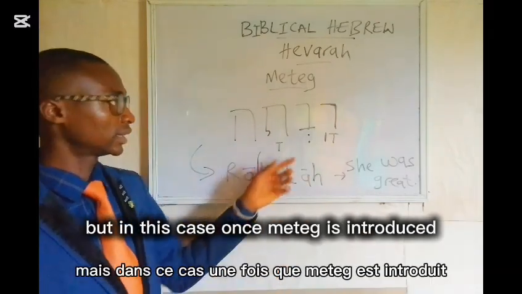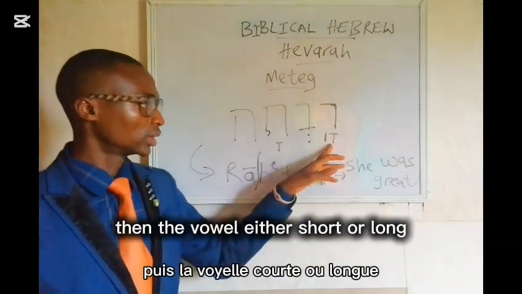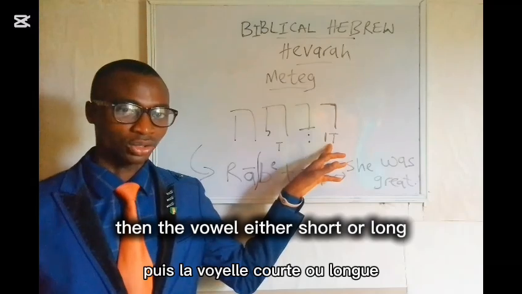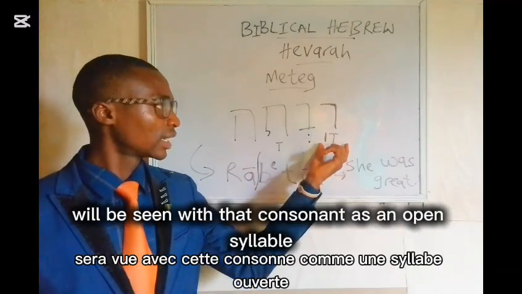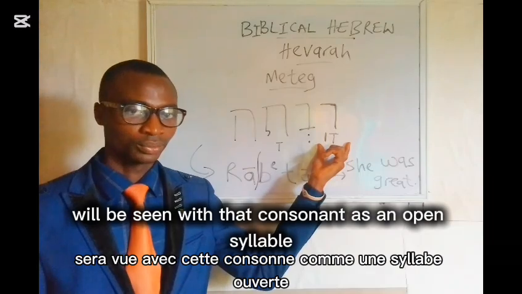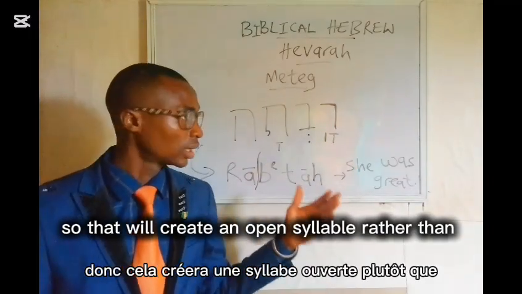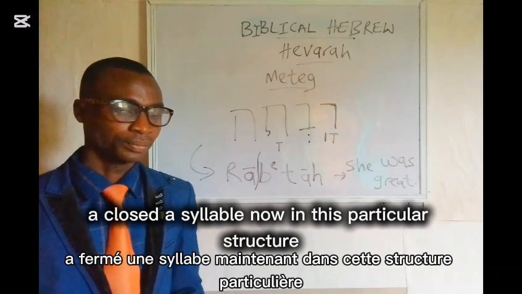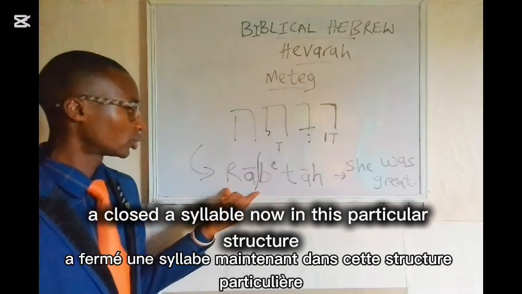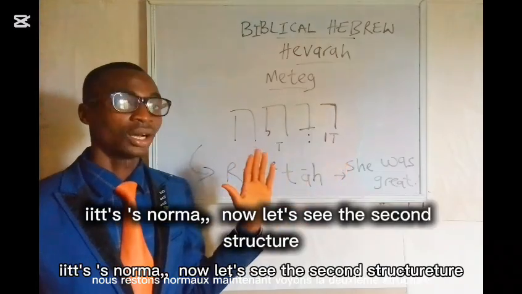But in this case, once meteg is introduced, the vowel, either short or long, will be seen with that consonant as an open syllable. So that creates an open syllable rather than a closed syllable. In this particular structure, this is a long vowel, so it's still normal.